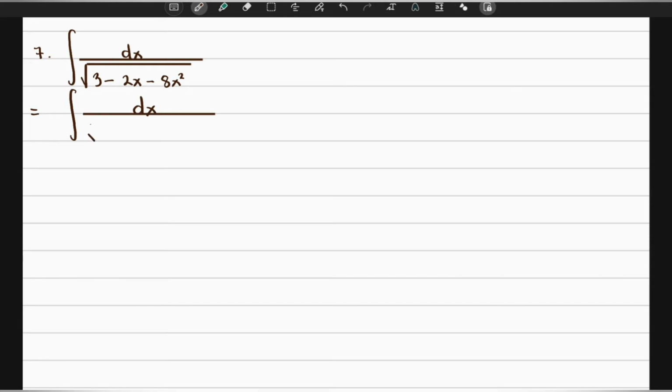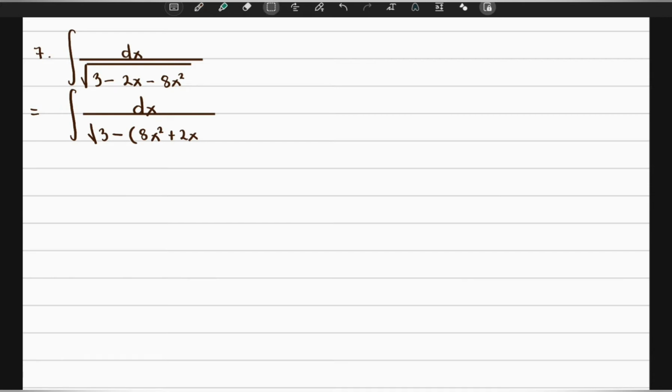Okay. Yung 3 ilalabas natin dito. Ay, hindi, nandyan lang. So, minus. Tapos, i-group natin yung 8x squared at saka yung 2x. So, plus. Ayan. Tapos, magko-complete squares tayo.